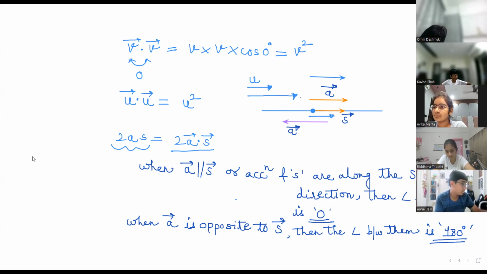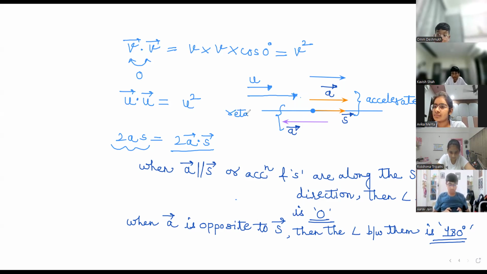Now if both of them are parallel, then we say that in this case object is accelerated. और अगर ऑपोजिट होगा तो क्या होगा? ऑपोजिट होगा तो in this case we say that object is retarded or decelerated.